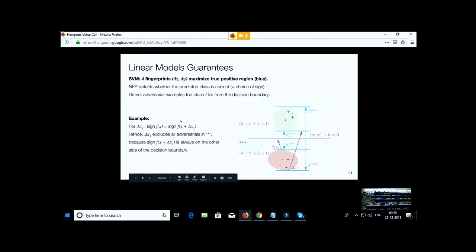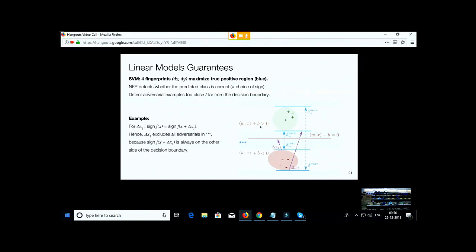If you think about this, you can show that for linear models, it's easy to understand what happens if you use this procedure. In particular for an SVM, you can show that with just 4 fingerprints, you maximize the regions of adversarial examples that always get detected by these 4 fingerprints.